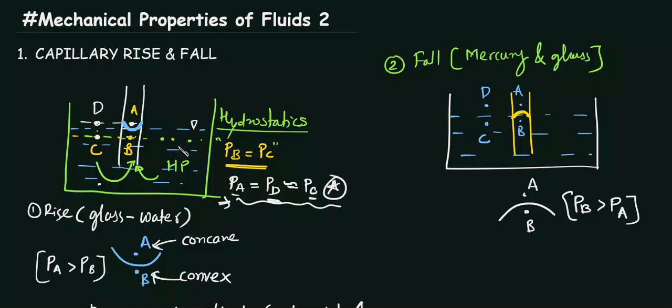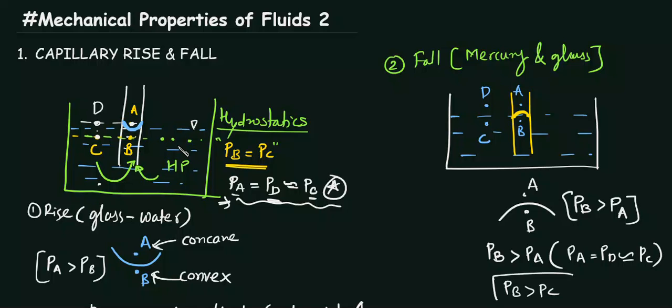So now what happens? This PB is greater than PA, and we know that this PA is equal to PD, and it is almost equal to PC also. So what we know is that PB is greater than PC. Means though they are at horizontal level, equal levels, the PB is greater than PC.